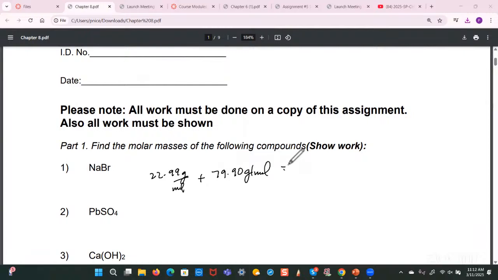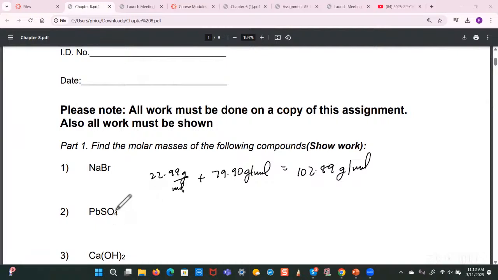And let's see what that gives. So according to my calculation, this works out to be equal to 102.89 grams per mole. And that's basically what I expect you to do for each of these, all right?